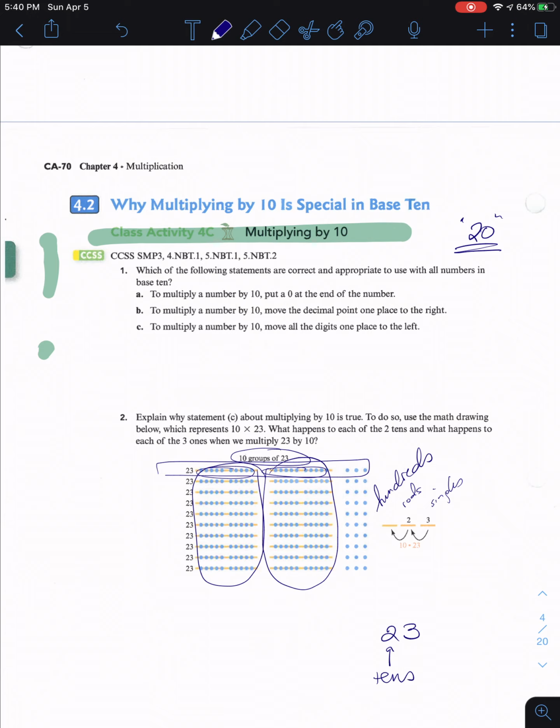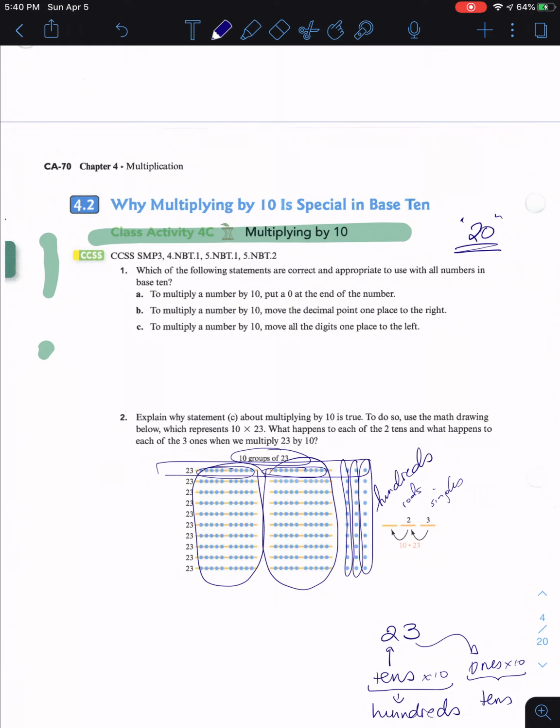Now if you take 10 of them, multiply by 10, this is now going to represent hundreds. The 3 used to represent ones, but if you take 10 of them, it's going to represent tens. Each one of these ones is now going to be a rod. So what used to happen in this initial 23 is now going to be happening in the next larger place value.